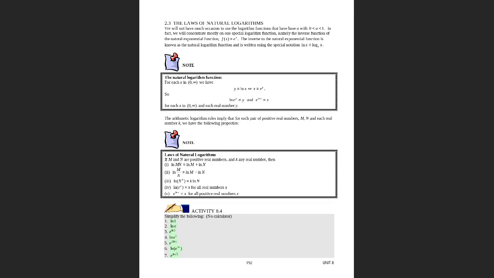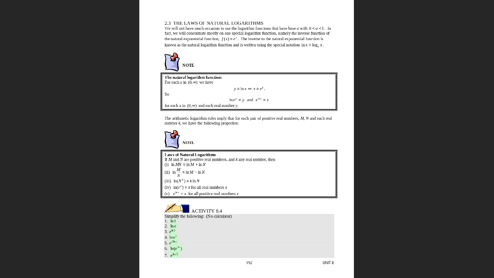Then ln and e cancel out, so ln(e^x) is the same as x. The ln and the e always cancel out because one is the inverse of the other. In the same way, e^(ln x) is x.